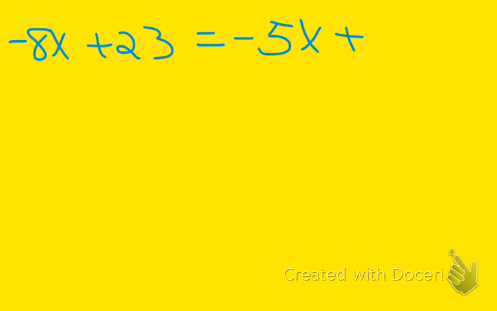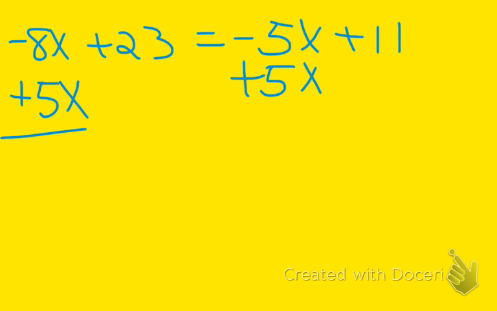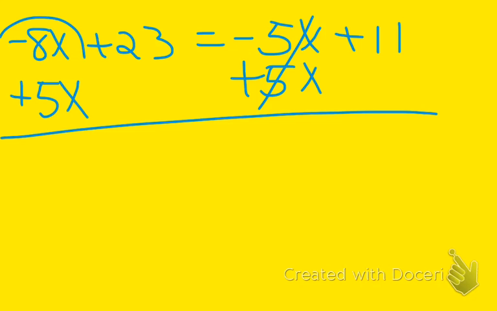All right, one last one. Number 4, I believe. Negative 8x plus 23 equals negative 5x plus 11. What do you want to do first? Move the 5x towards the 8x. Good. Is this going to be negative or positive when we're done?